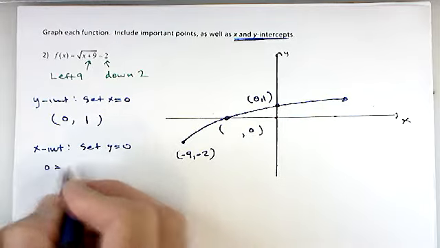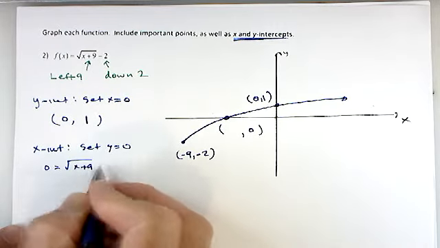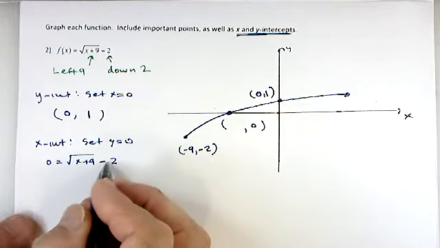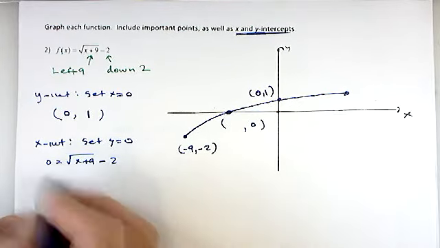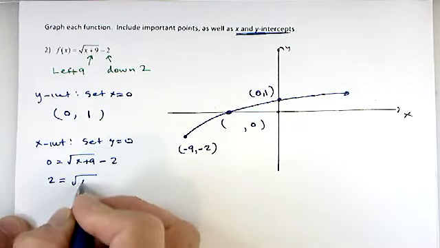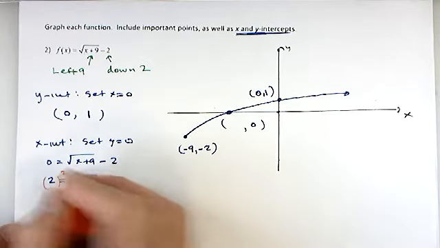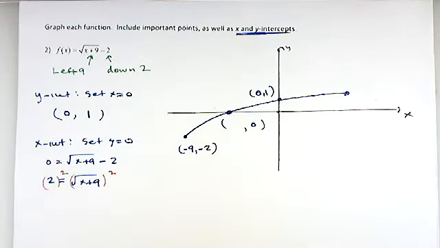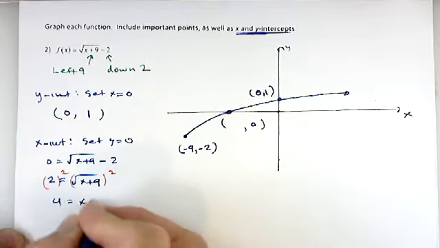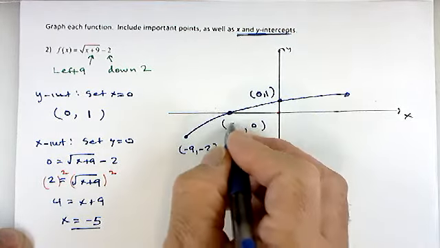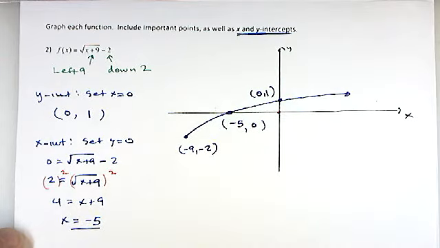So if I said 0 equal to the square root of x plus 9 minus 2, there's usually a little more work to find your x-intercept because you've got to solve for x. So I could add 2 over. I could square both sides to get rid of the square root. 4 equals x plus 9. So x would be negative 5. This point is negative 5, 0.